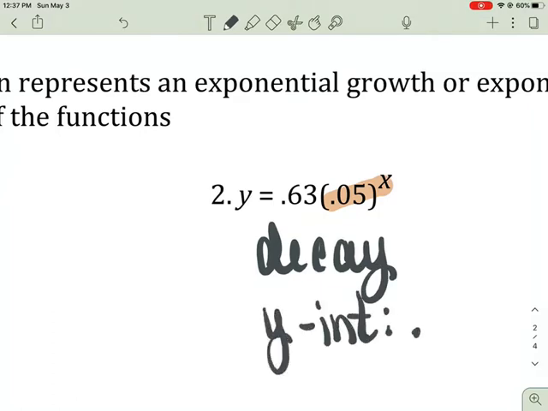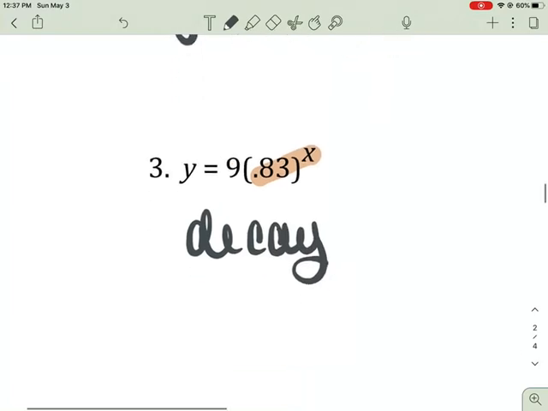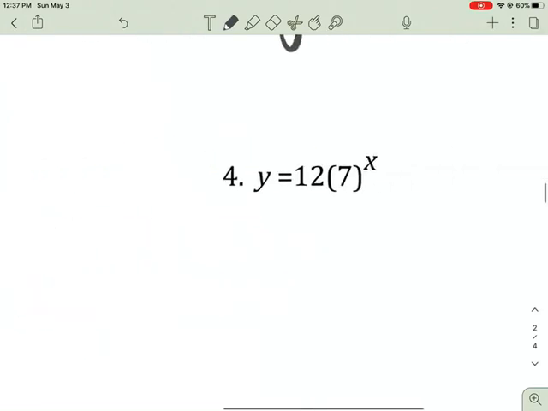And our y-intercept is 0.63. Okay, all right, so let's try this one. 0.83 is being taken to the power, so that's decay. And our y-intercept is 9. Okay, all right, take a minute. Let's see if we'll do these together, see if we all get to the same answer.